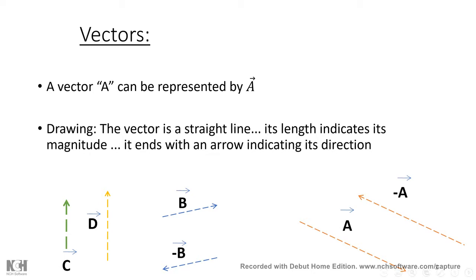We need to draw a vector in our problems. So how do we represent or draw a vector? The vector is a straight line. Its length indicates its magnitude, and it ends with an arrow that indicates its direction. For example, we have this vector A, starting from here to here.